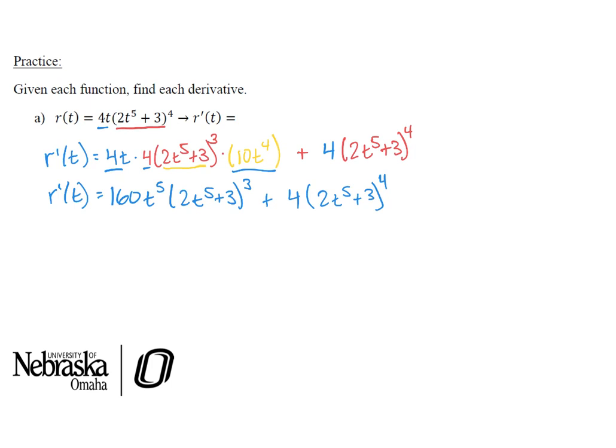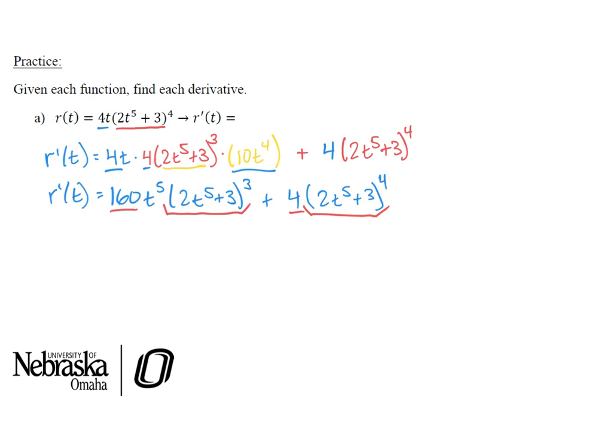However, often your book will continue to factor this out. So in other words, there is a common factor of this term. There's 3 in the first one and 4 in the second, and then each of these could be divisible by 4.